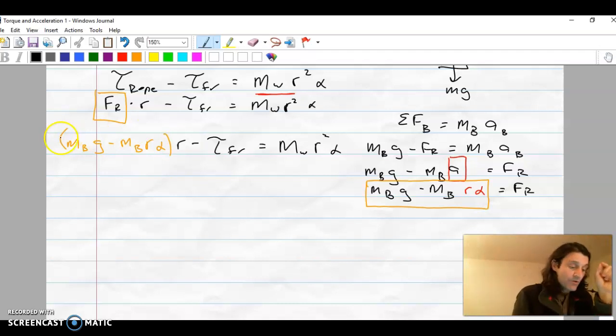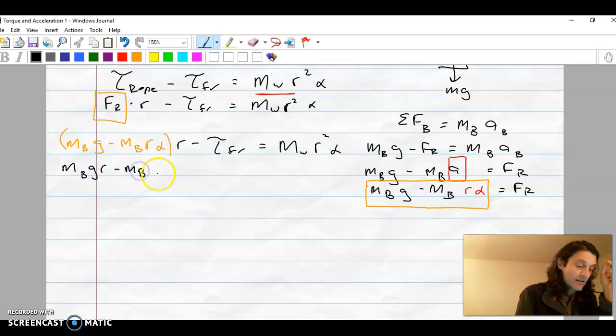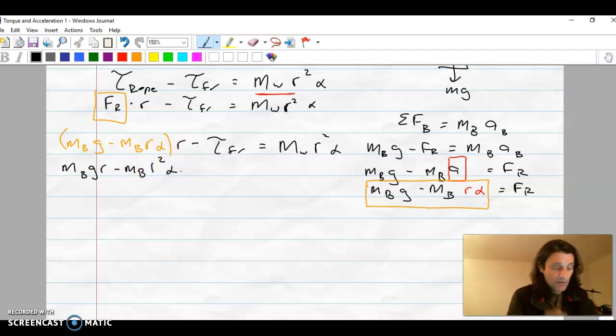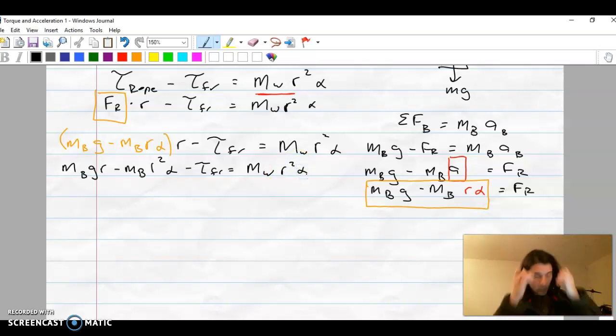So I'm going to distribute the R. This will be the mass of the block times gravity times R minus the mass of the block times R squared alpha minus the torque due to friction. That equals the mass of the wheel times R squared alpha.